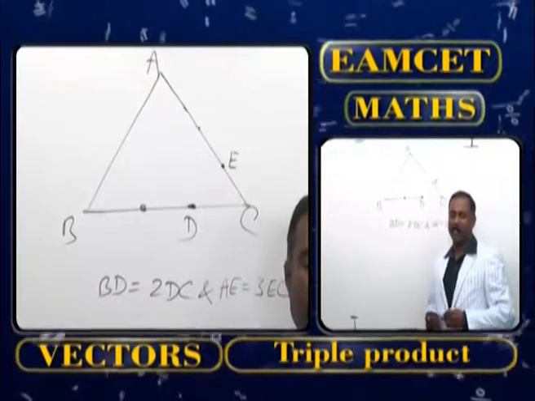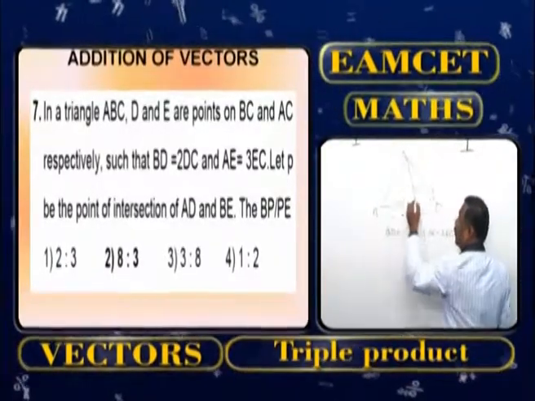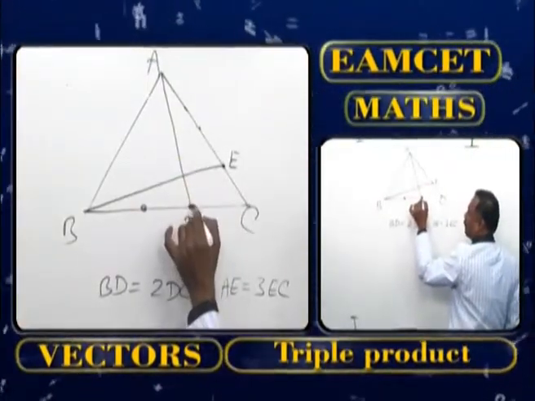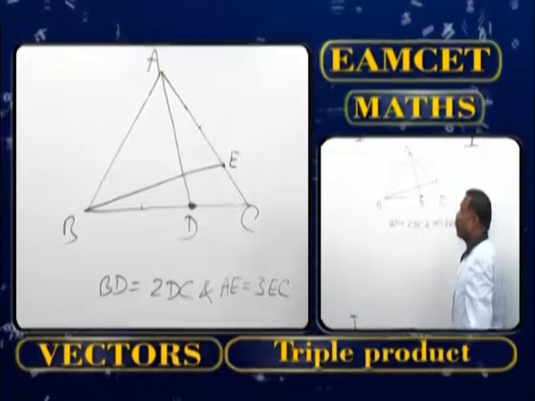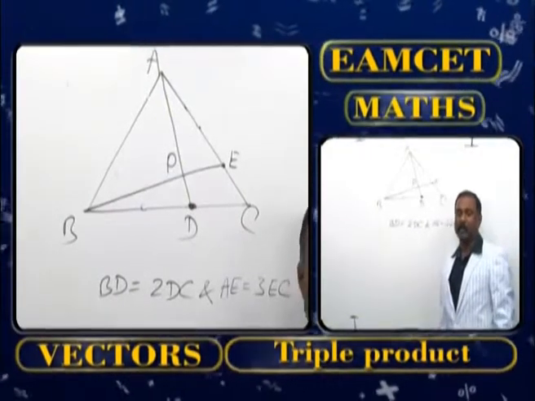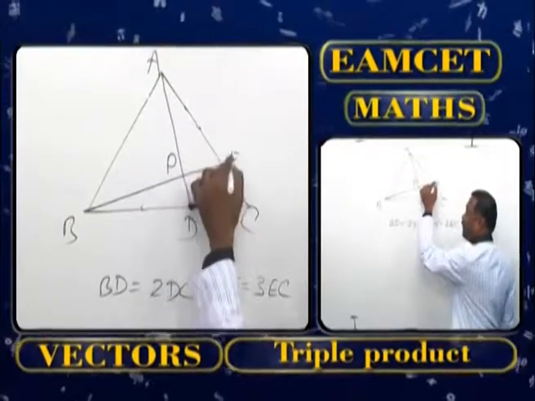Let P be the point of intersection of AD and BE. This is AD, this is BE, and the intersection is P. What is to be found out is BP by PE.